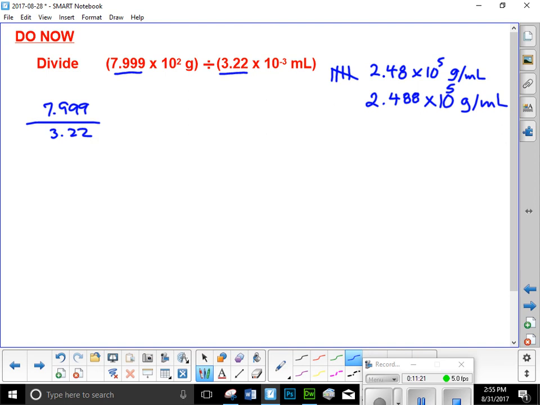Okay, 7.999 divided by 3.22. And we come up on my calculator 2.4841611491. Are we all getting the same number? Yeah, okay. Probably we're doing it right then.